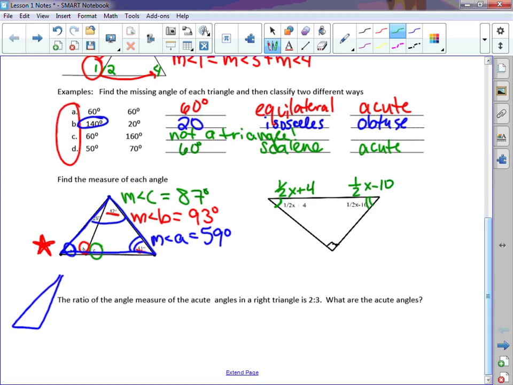All right, I want you to go ahead and solve for this real quick. Solve for x, and then the instructions say find the measure of each angle. So go and do that real quick.